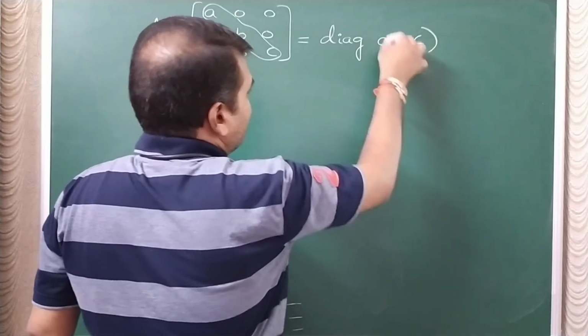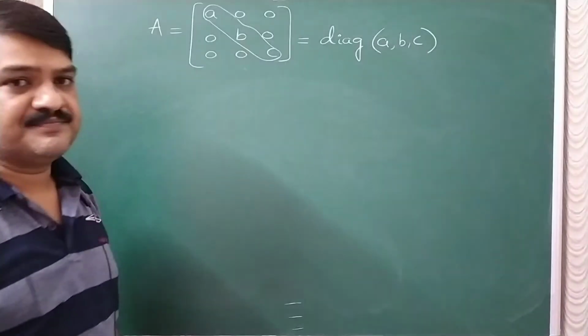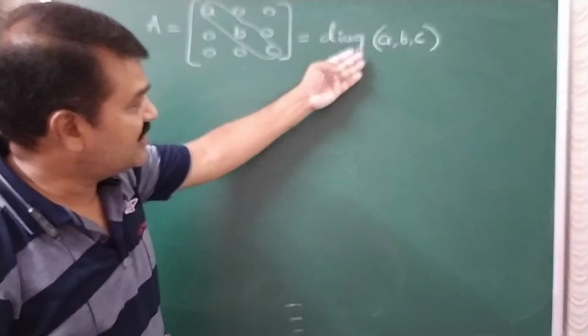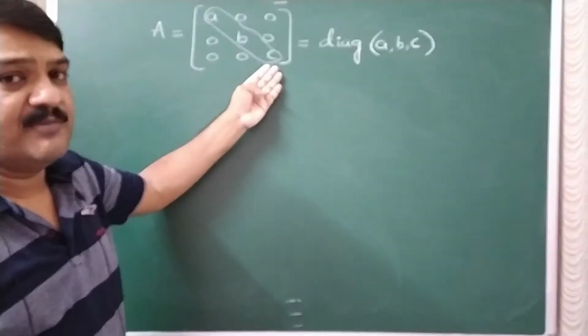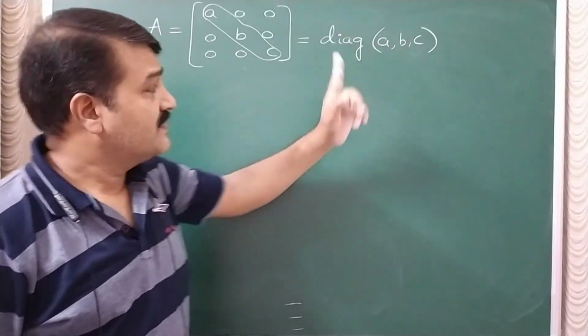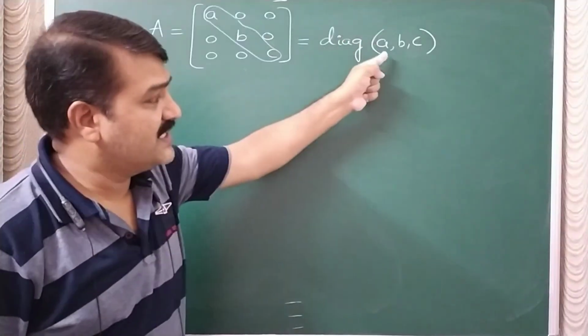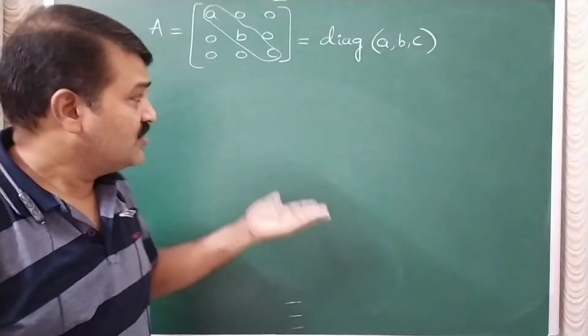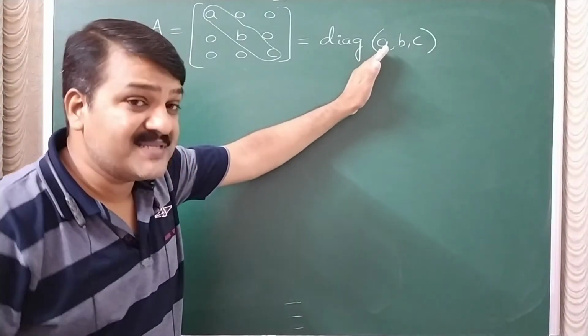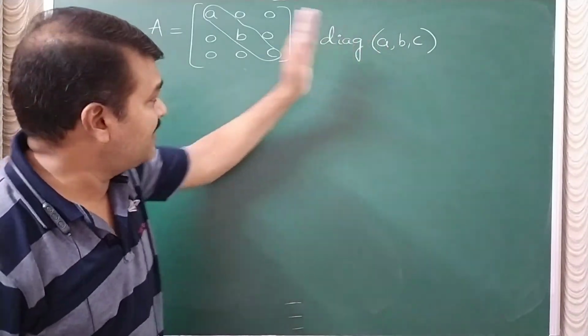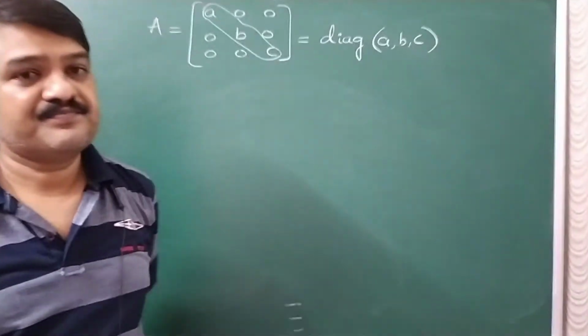That is, instead of writing all the elements of the matrix, we write only diagonal elements like this. Remaining are anyhow zeros. So this is the other way of representing the diagonal matrix.